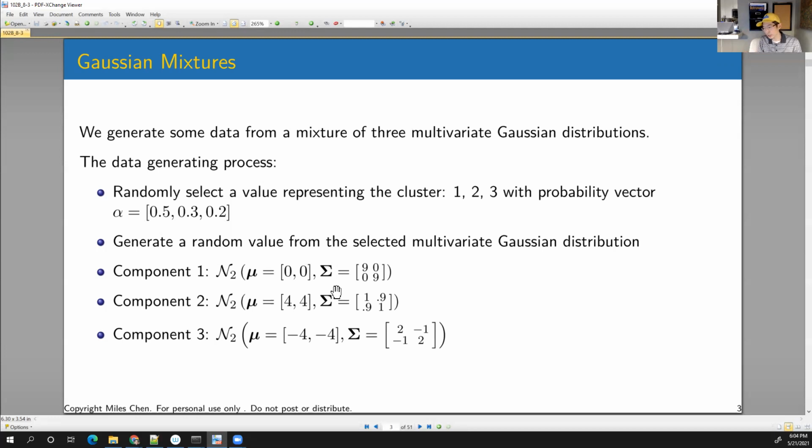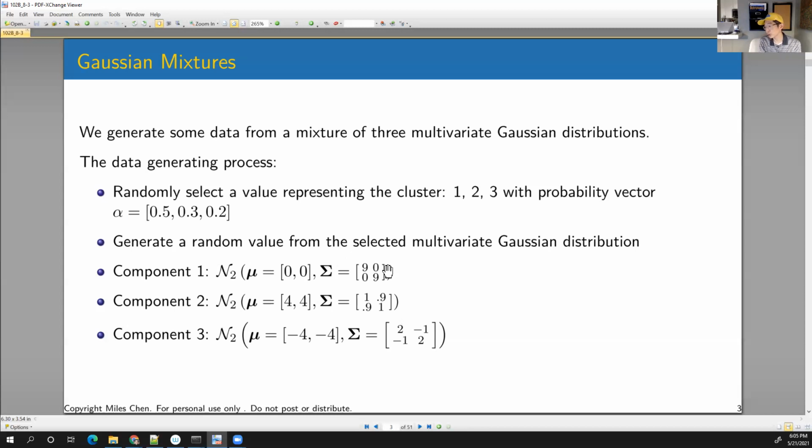Here I'm going to have 3 multivariate normal distributions, and we're going to say points will come from distribution 1 with a probability of 50%. They'll come from distribution 2 with a probability of 30%, and from distribution 3 with a probability of 20%.